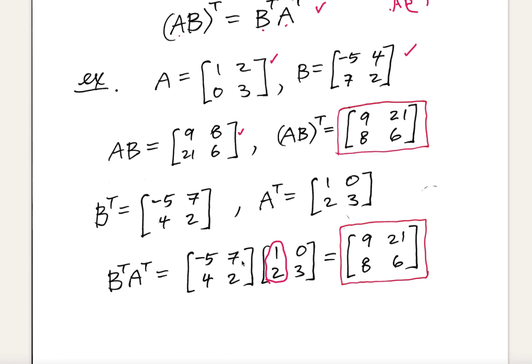That'd be negative 5 plus 14. That'd be 9. And then I'd have 1 times 4 is 4, 2 times 2 is 4, so that would give me the 8. And 0, 3, the 0 would multiply on the negative 5, and the 3 on the 7, that would give us 21. 0 multiplies on the 4, 2 times 3 is 6.